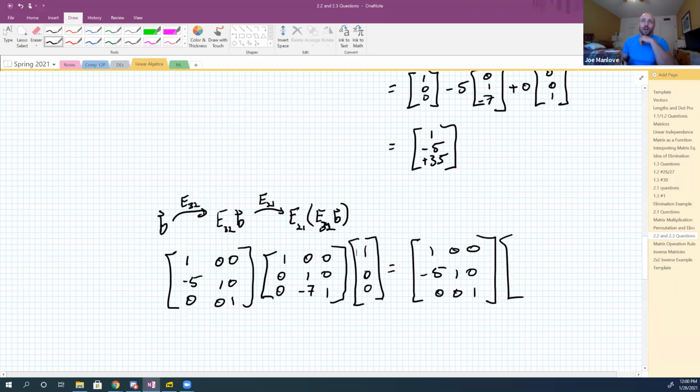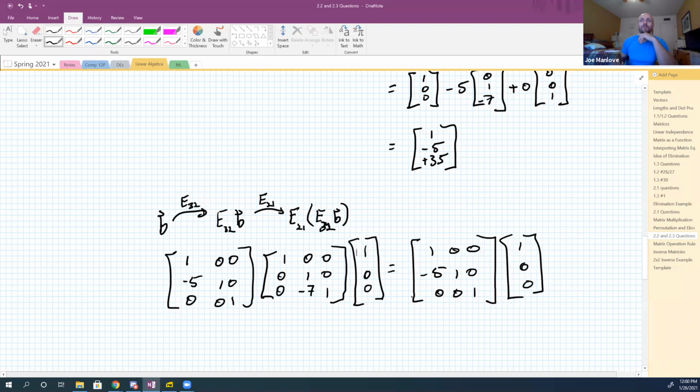Now when I apply this function, my E32 function, to the vector 1, 0, 0, I get out just the vector 1, 0, 0 again. You guys see that? Because that thing messes with row 3 and row 2. Well, row 3 and row 2 are 0 here, so who cares? You guys see that?